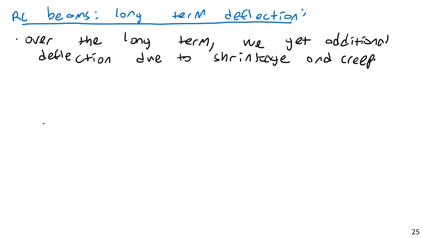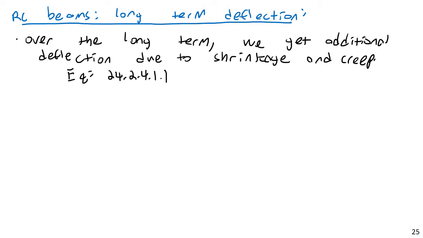So basically, this is the lambda delta here. This is described in equation 24.2.4.1.1. Let me scroll there in my book.